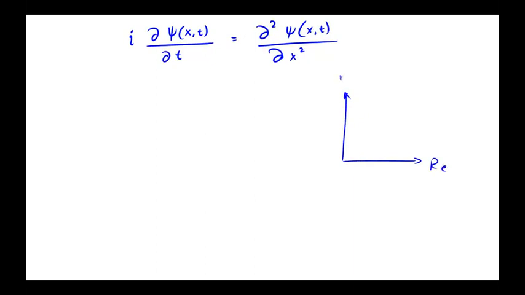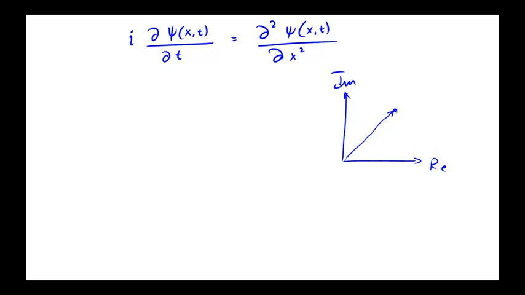This is real, this is imaginary, and let's say we have a complex number, which is like a vector in this complex plane. Now you could move it in some direction.